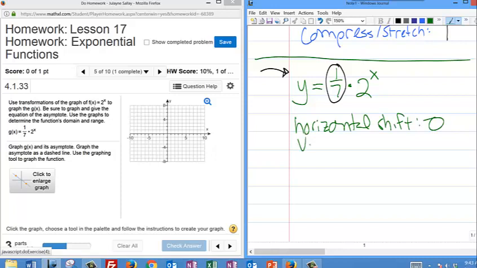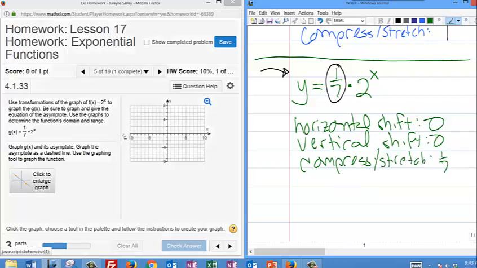I don't have a horizontal shift, I don't have a vertical shift. I do have a compress or stretch. In this case, it's a compress because 1/7 is less than 1. So that's the information that I'm going to need.